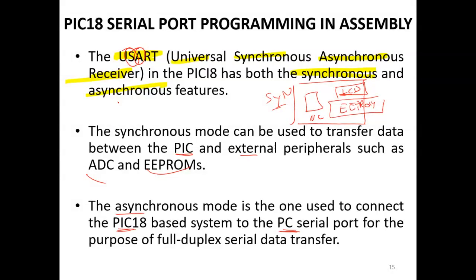If you have two distinct devices, for example, you are designing your system and you want to connect it to a PC by using the serial port, the PC has its own clock and your system has its own clock. Then you can use the asynchronous mode. So if you have devices in the same area, generally you use the synchronous mode. If you have distinct devices, generally you use the asynchronous mode.